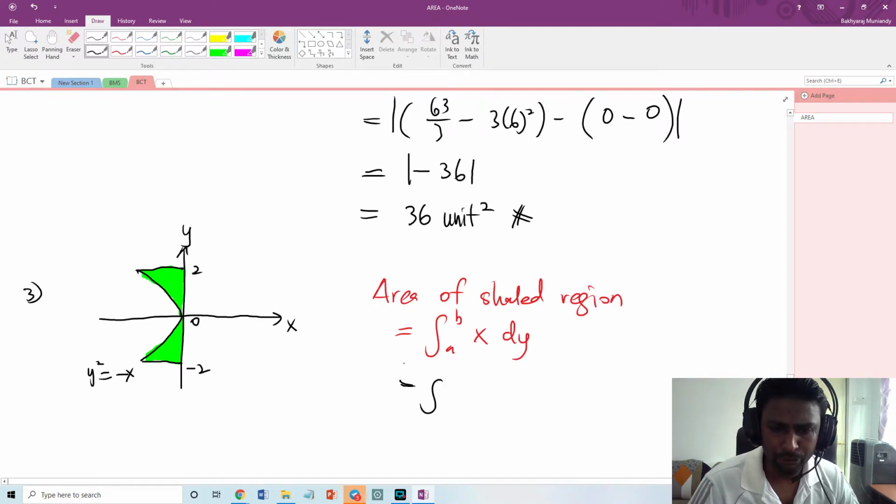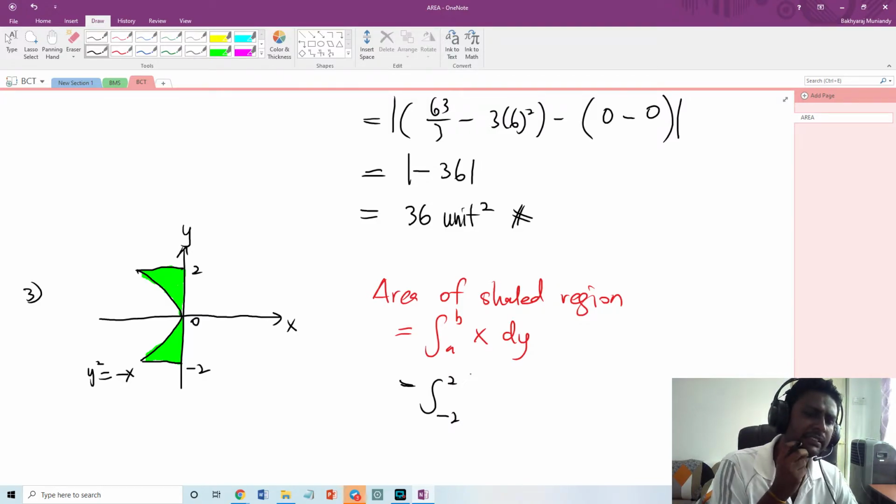Boleh negative 2 to 2? Boleh ke tak boleh? Why you say can? Why you say it's okay? Because of what? Because dia dekat y-axis.